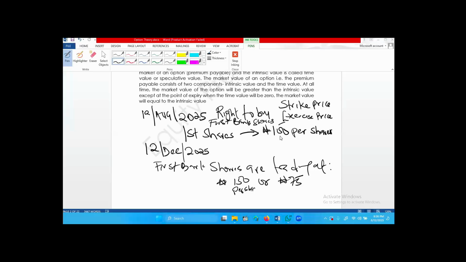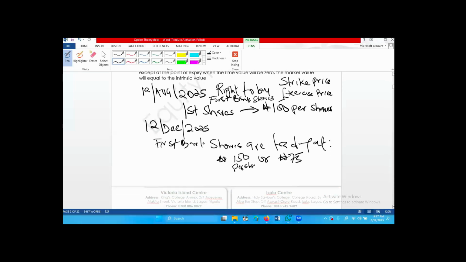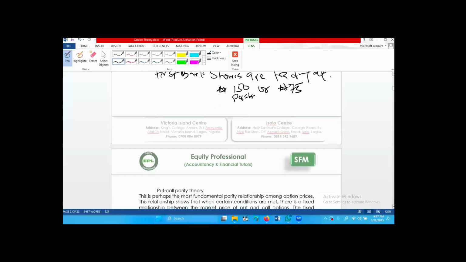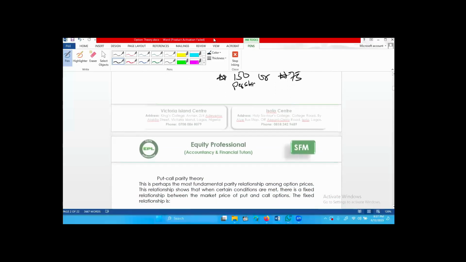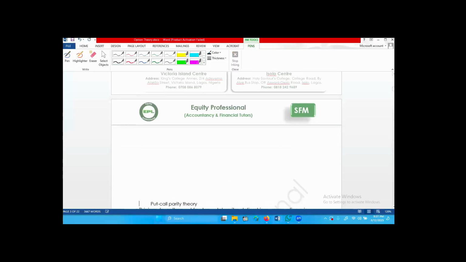You are going to pay 100 to buy what's worth 150, so it is profitable to exercise your right. Let me take this to the call-off matrix. The appropriate response is yes. If you pick no, that means you have not gotten the principle.